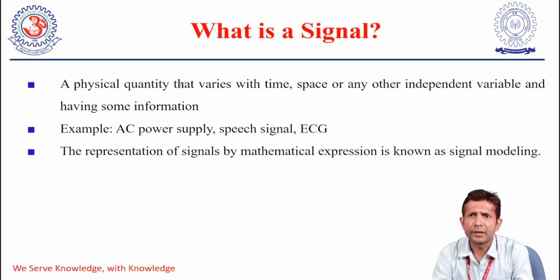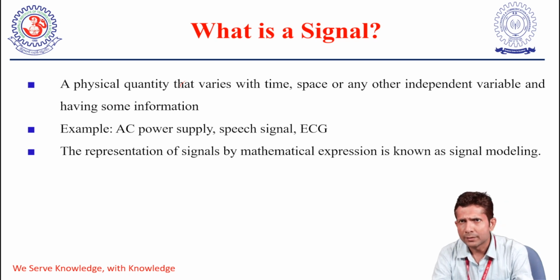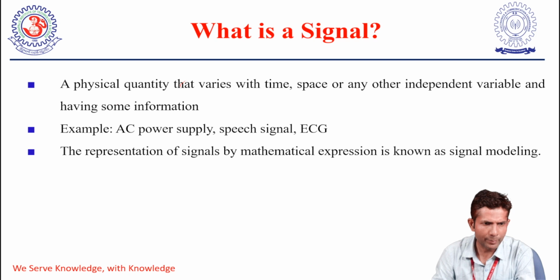That mathematical equation is nothing but the modeling of the motion of the simple pendulum. It means whatever behavior of any signal we represent with the help of mathematics is called signal modeling. So I hope you have understood this.